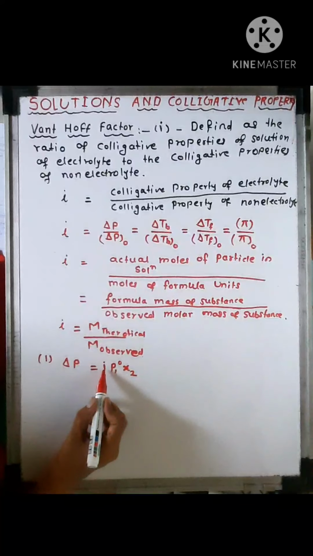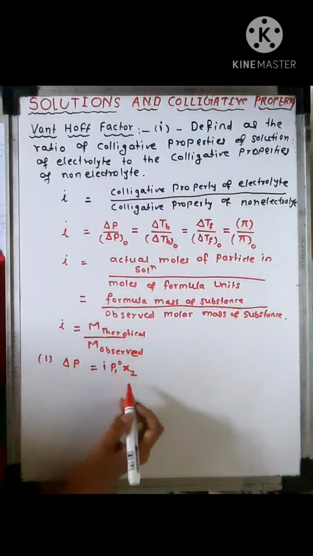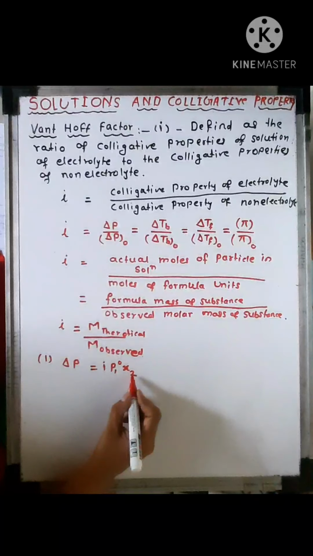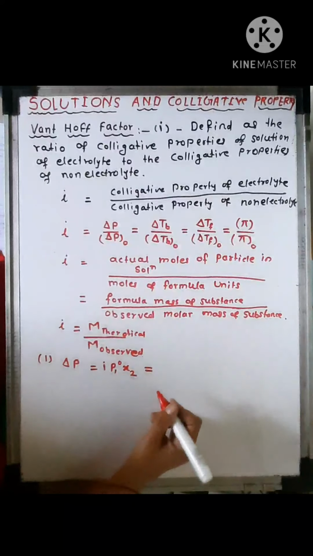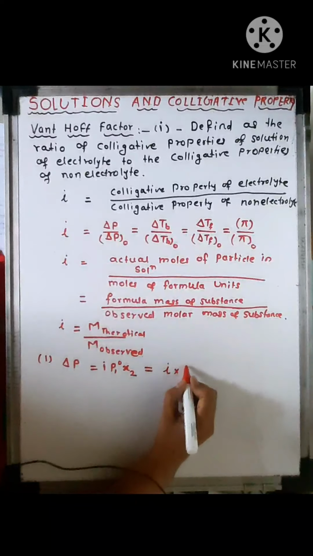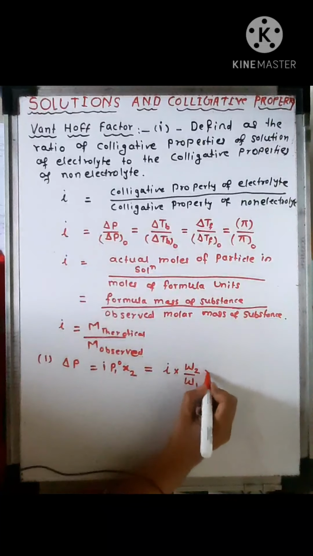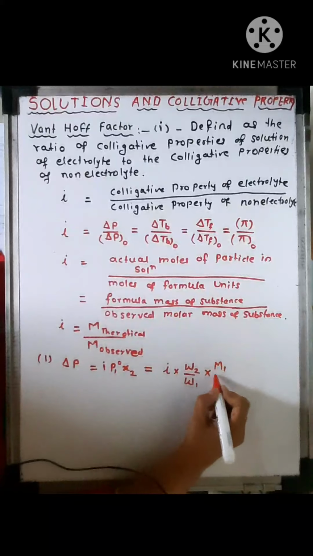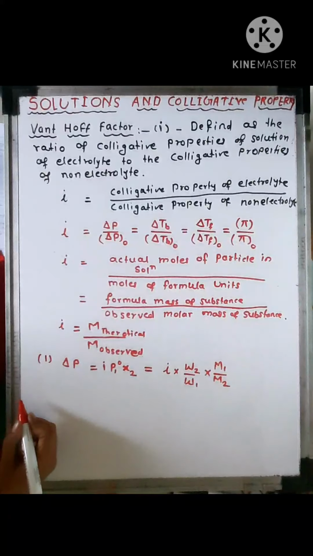I means Van 't Hoff factor, P10 is the vapor pressure of pure solvent, and X2 is the mole fraction of solute, and it is equal to I into W2 upon W1 into M1 upon M2.